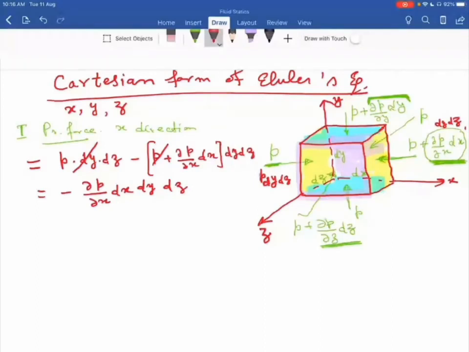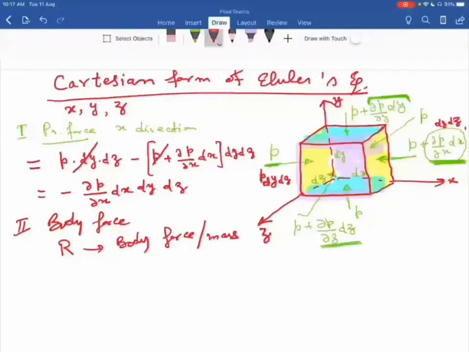Now the second force acting on this element is the body force. Let R be the body force per unit mass. This R has three components along x, y, and z direction as capital X, capital Y, capital Z. X is the component of body force per unit mass along x direction.